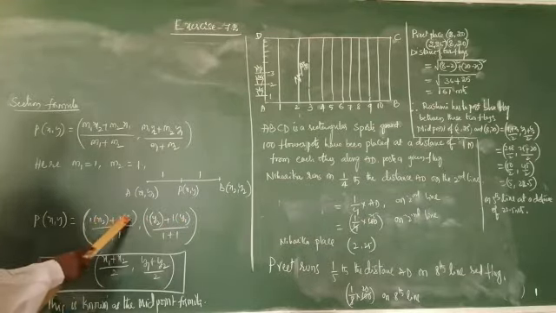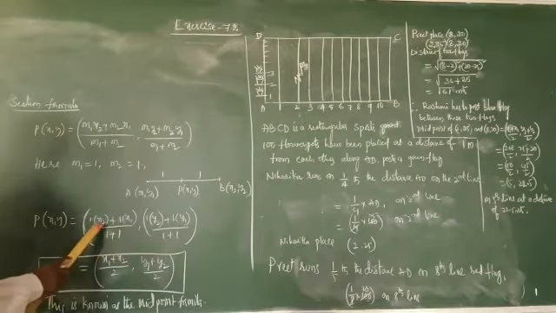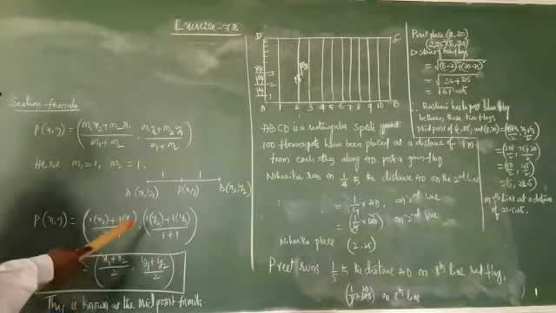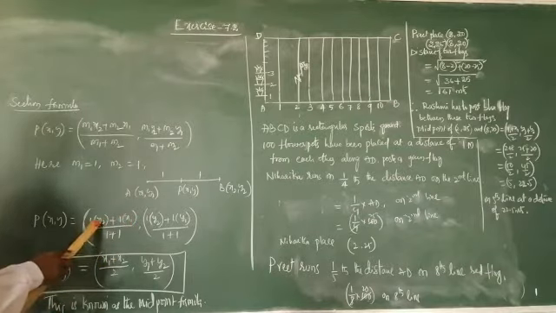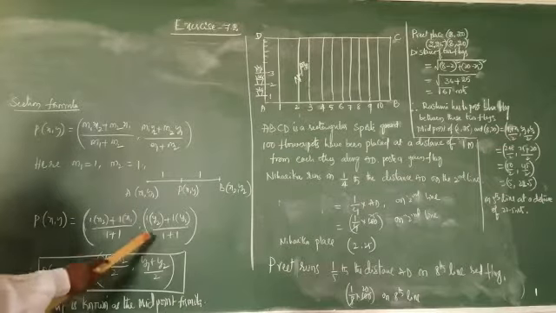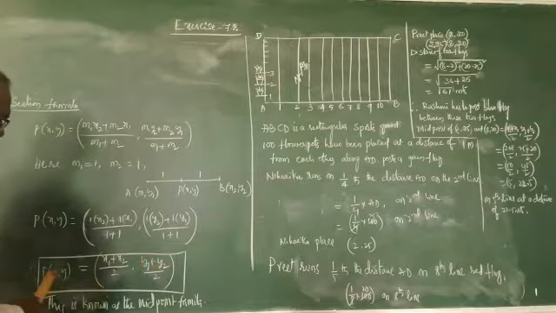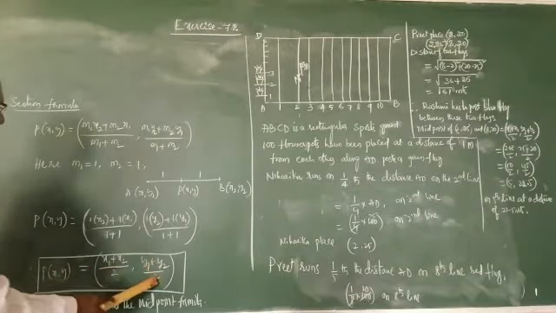Therefore x2 plus x1 by 2, which is the same as x1 plus x2 by 2. Similarly y1 plus y2 by 2. Therefore P(x, y) equals (x1 plus x2) by 2, (y1 plus y2) by 2.